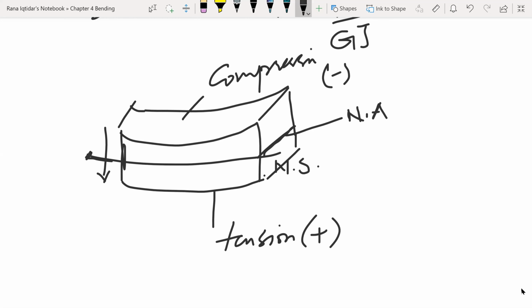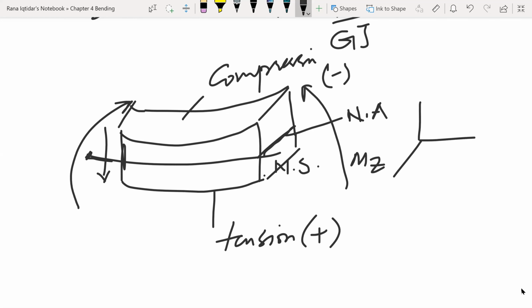So there is no angular distortion involved in this case. You are applying a bending in this direction, that is Mz, along the z-axis, because this is x, this is y, and this is z, right?